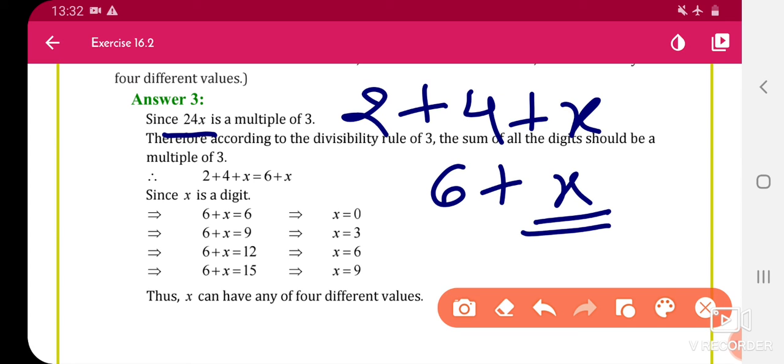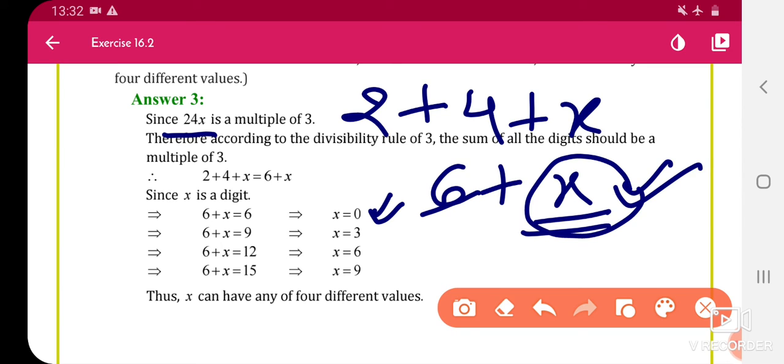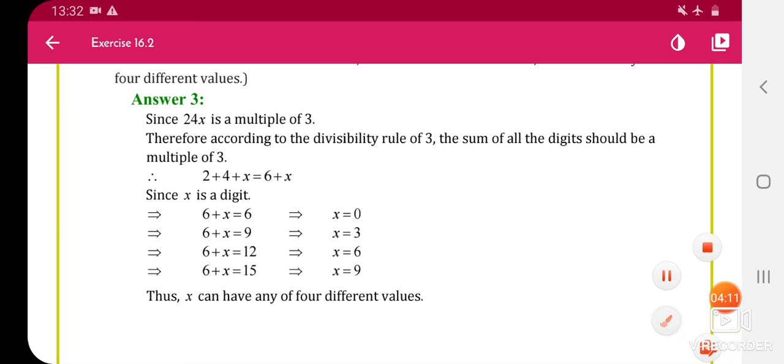We need to find which number we can put so that the answer comes in the 3 table. Firstly we put x equals 0, so the answer is 6, and 6 comes in the 3 table. Next we put x equals 3, and 6 and 3 is 9. This also comes in the 3 table.